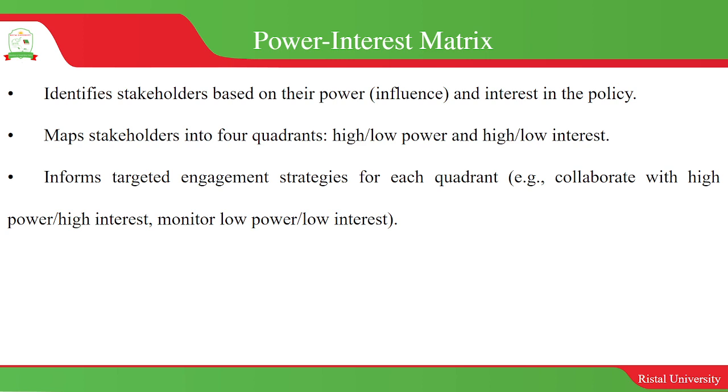Of course, power is the ability to influence. So the ability to influence is related to the resources that you have, the networks that you have. Like you saw yesterday with the different forms of power.